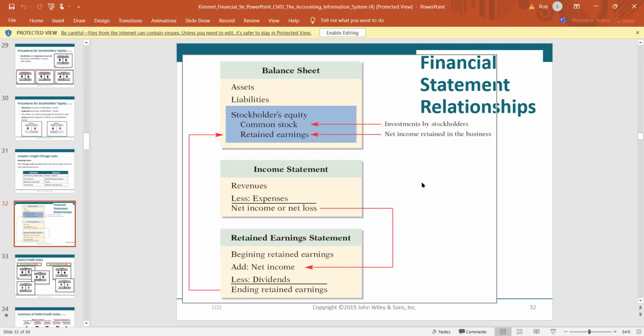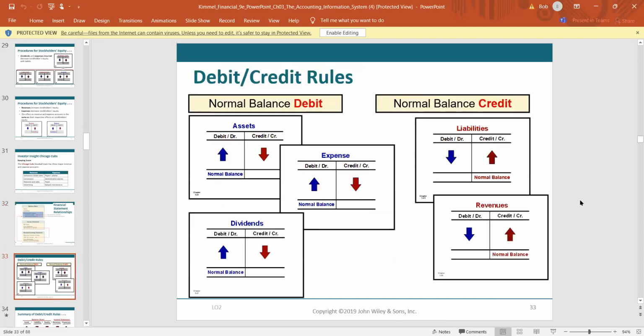At the end of the first month, you made a profit of 1,000. Well, 1,000 is going to be shown as an increase to retained earnings. The next month you made 4,000, it goes up to 5,000, etc. What will reduce it though are dividends, okay? So retained earnings is where we pass through the income and dividends.